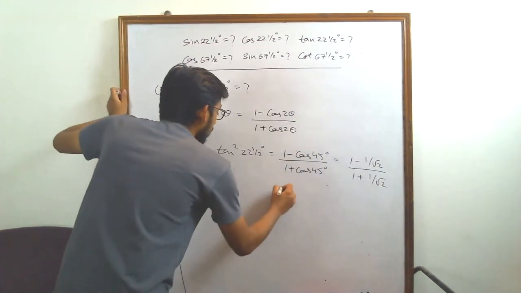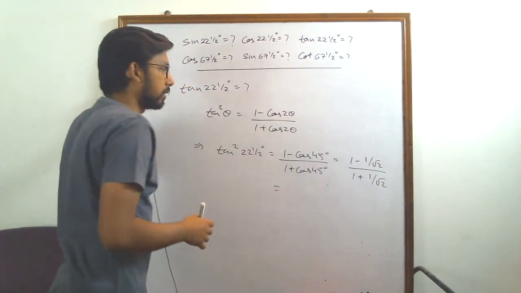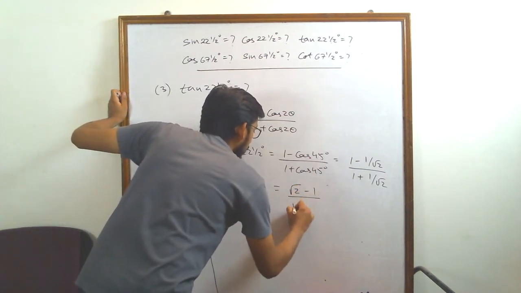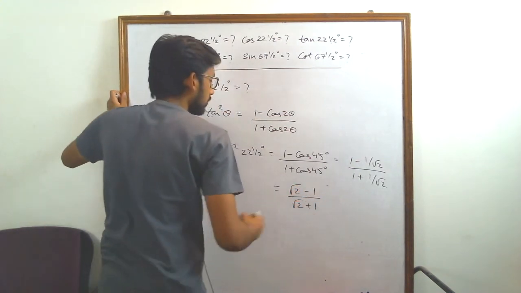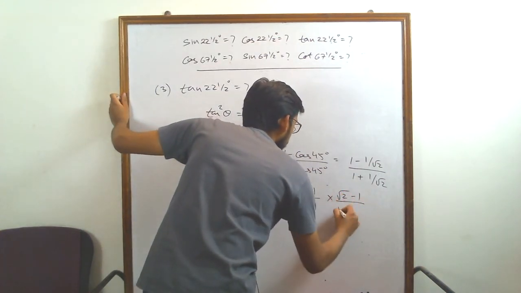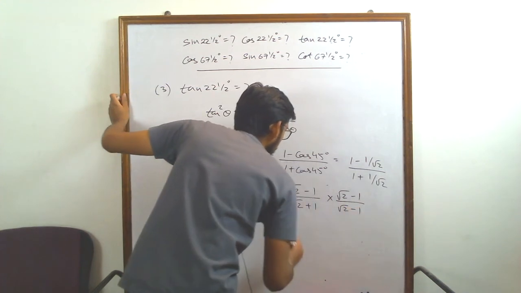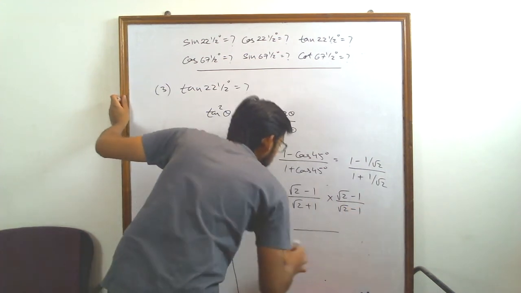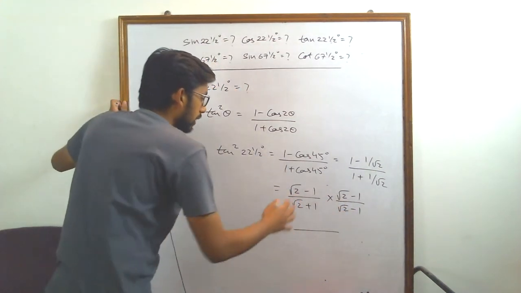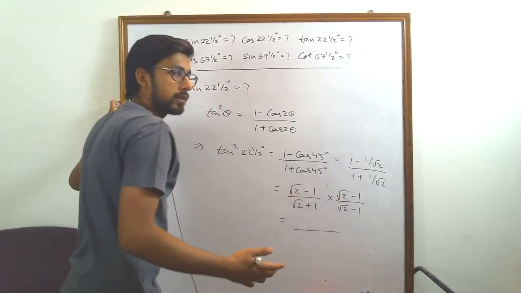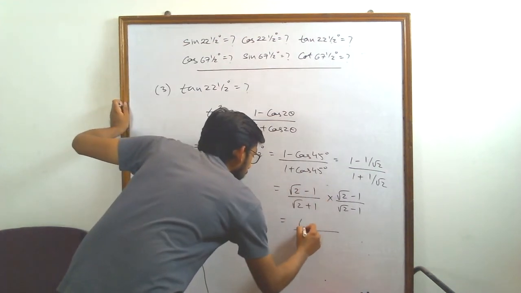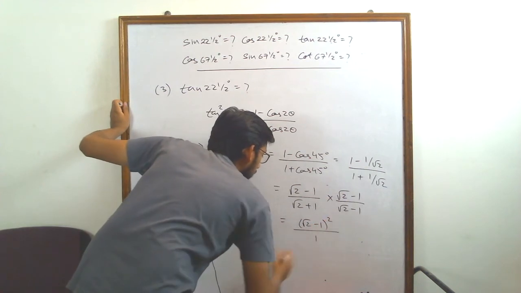Taking the LCM and cancelling root 2 in the denominators, this is equal to root 2 minus 1 upon root 2 plus 1. We rationalize this by multiplying by root 2 minus 1 in the numerator and denominator. So the denominator, which is a plus b into a minus b equal to a square minus b square, becomes 2 minus 1, which is 1. So the denominator is 1 and the numerator is root 2 minus 1 whole square.